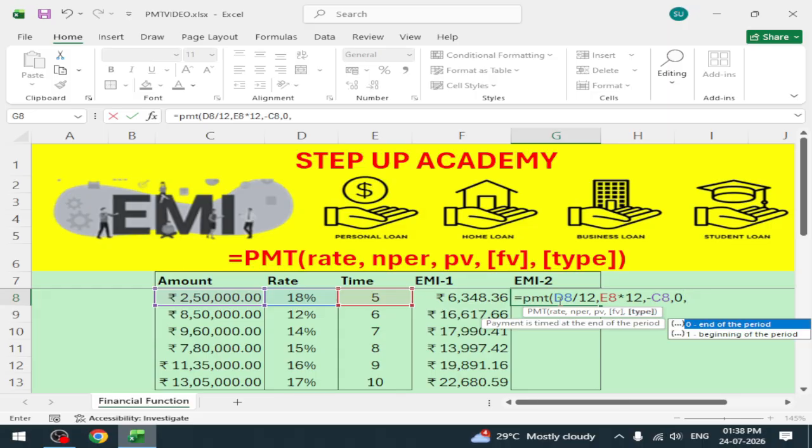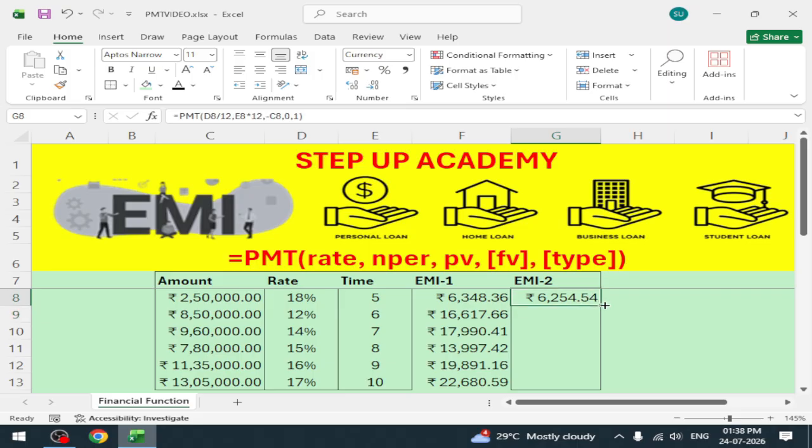Now if we press 1, which shows the beginning of the period, that means the first day to the 10th day, then we simply press 1. Now it should calculate the EMI, but this amount will not be shown by your owner or financer.